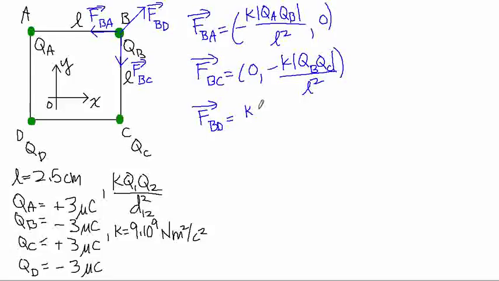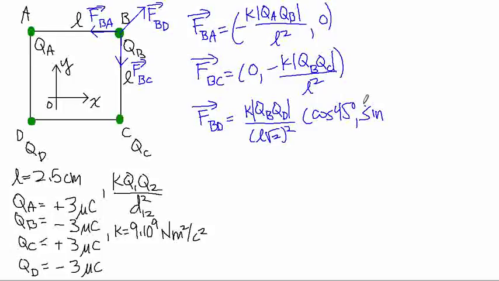K times the absolute value of the product of Q sub B and Q sub D, divided by, and what's the distance between the corners of the square? Using the Pythagorean theorem, you can determine that it's L root 2. Okay, so that's the magnitude of the vector. So to get the x component, I would multiply that magnitude by the cosine of 45 degrees. To get the y component, I would multiply that magnitude by the sine of 45 degrees.